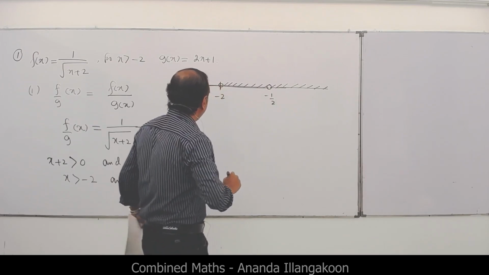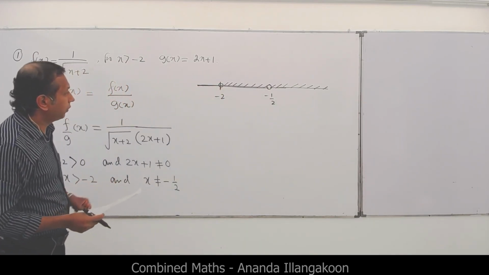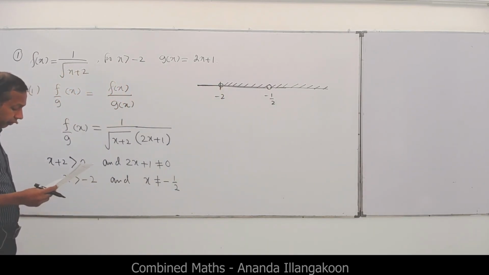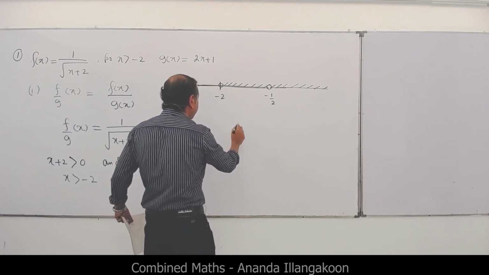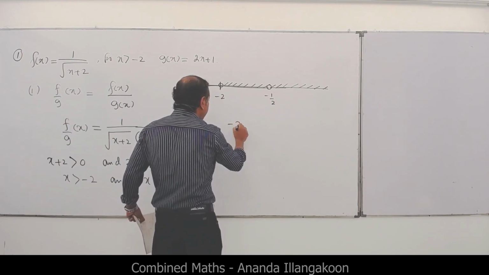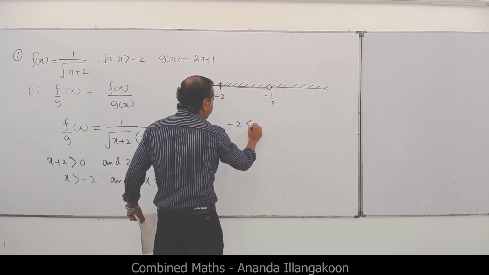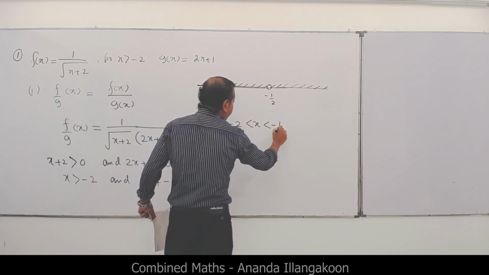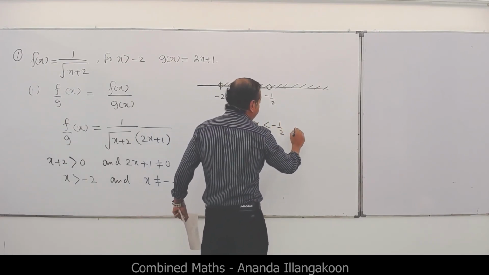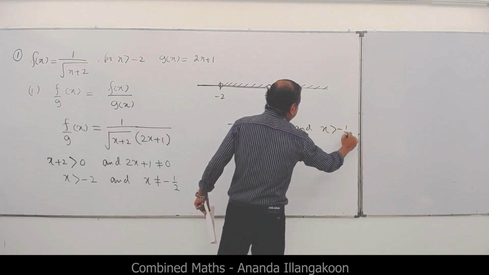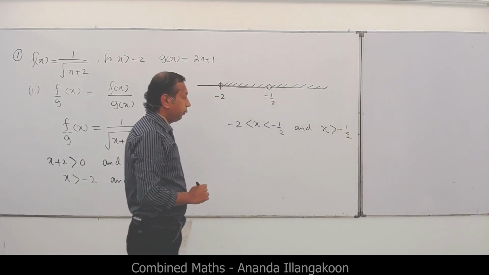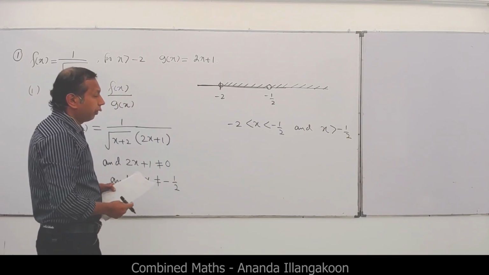So then the domain of this function is going to be this interval: minus 2, this, and x greater than minus half. So we can write the domain this way.